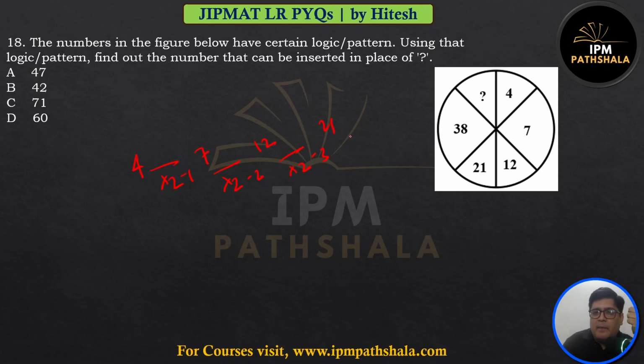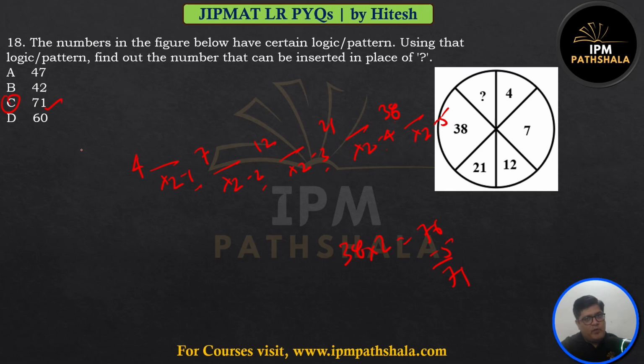So what I'll have into 2 is 42. 42 minus 4 is 38. Everything is working beautifully. Into 2 minus 5, because it is minus 1, minus 2, minus 3, minus 4. What will I have next? Minus 5. So this is 76. 38 into 2 is 76 minus 5 is 71. Do we have 71 here in the options? Absolutely.